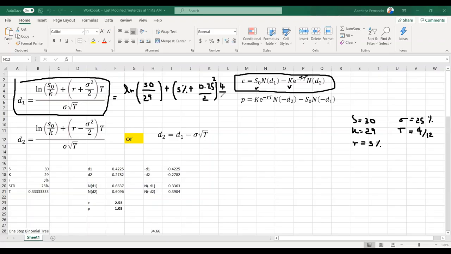Then divide this entire value by sigma times the square root of time. Sigma is 0.25 multiplied by the square root of 4/12. So how much is d1, the value of d1 that you would get?